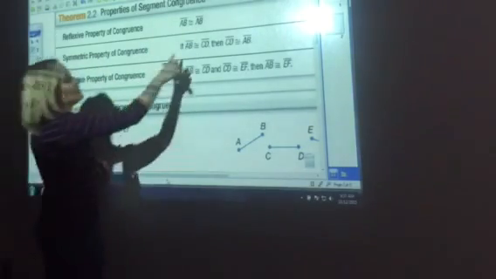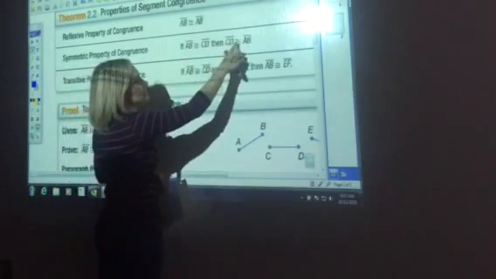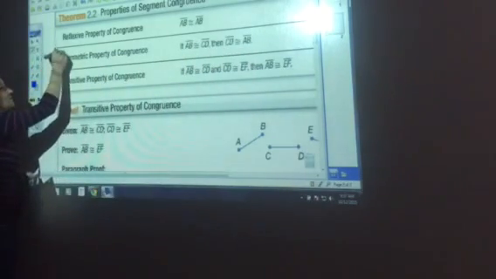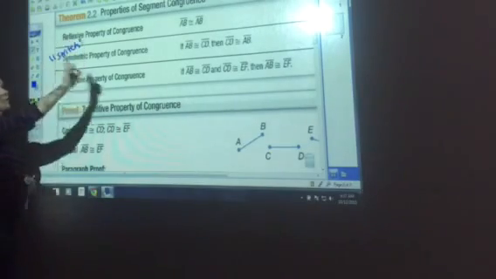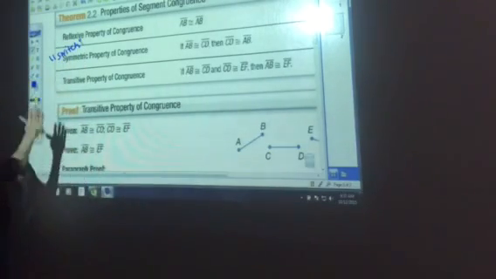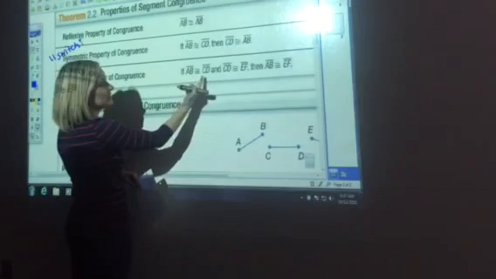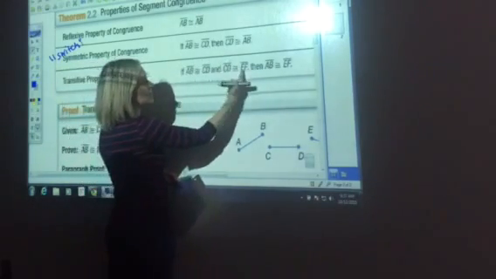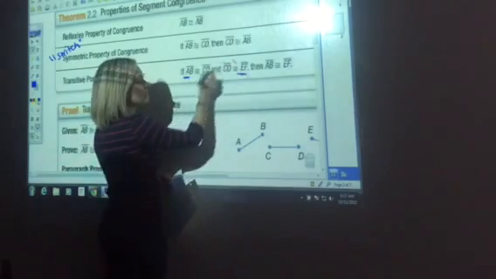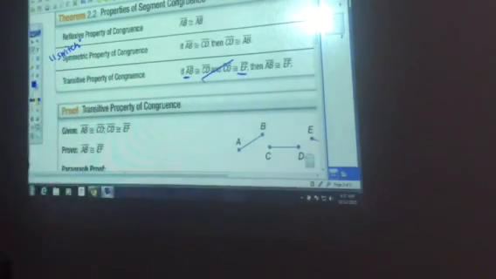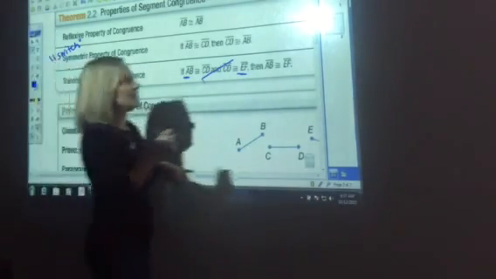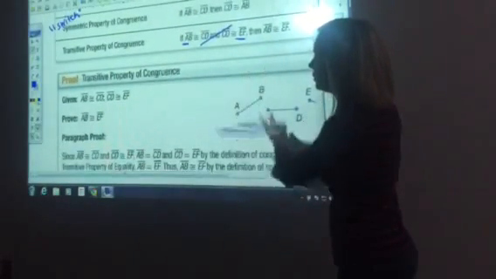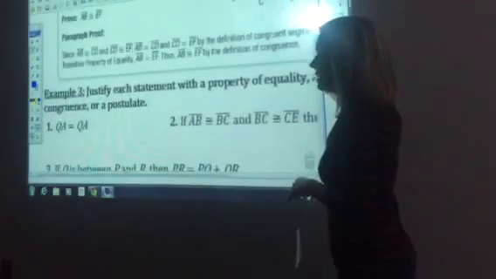Symmetric would be if AB is congruent to CD, then CD is congruent to AB. Remember, the symmetric property is like the switch, so they just swap it around or flip it. Transitive property: if AB is congruent to CD and CD is congruent to EF, then AB is congruent to EF. The first and the last, remember, we cut out the middleman. Here's a proof proving the transitive property, and I'm not really going to go in depth there, but that's pretty much showing you why the transitive property is correct.